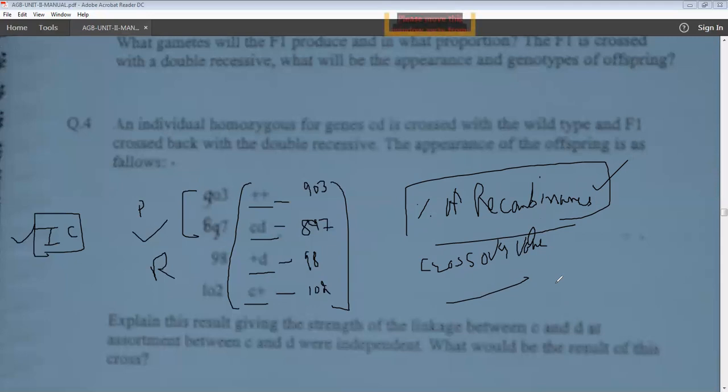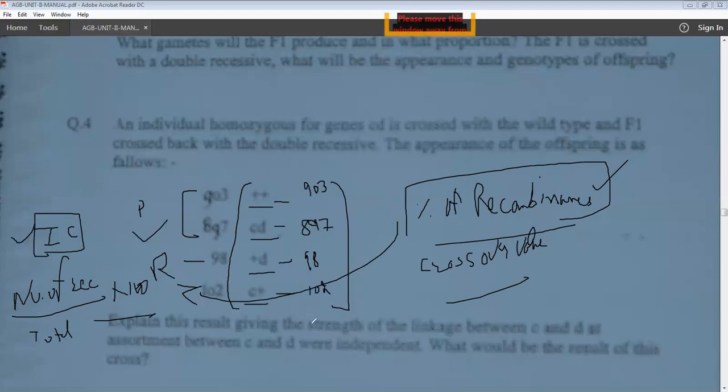So how are we calculating that? These are the recombinants. So the formula is number of recombinants divided by total offspring into 100. That will give us the percentage of recombination, or the crossover value.